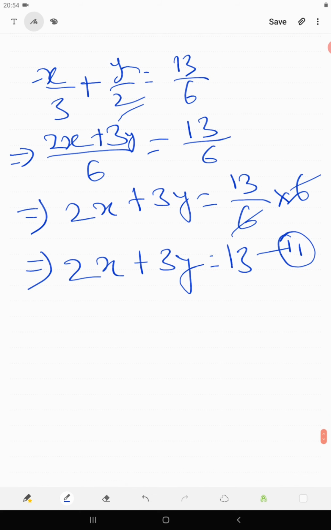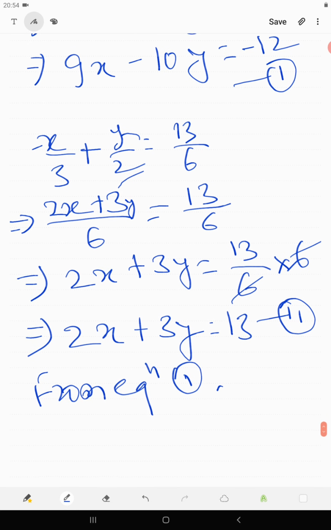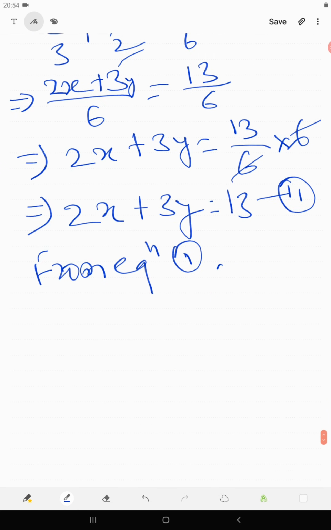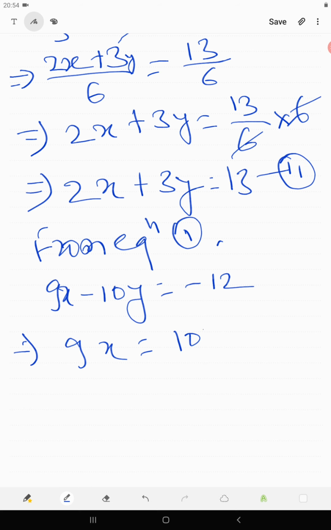Now from equation 1, what can we do? In equation 1 we have 9x minus 10y equals minus 12. So 9x equals, minus 10y, if you take it towards the right, it will become plus 10y, and then minus 12 will be as it is.